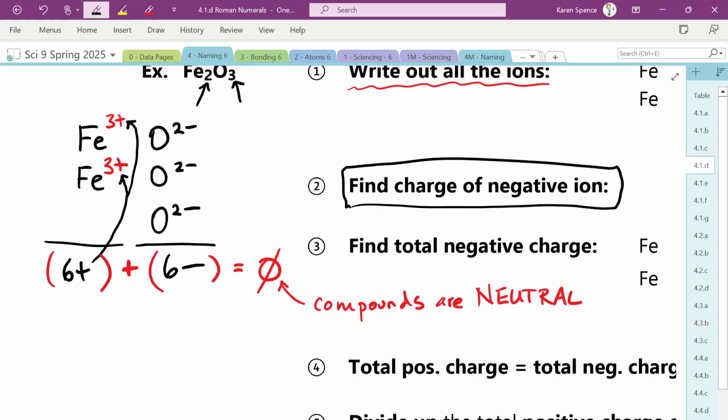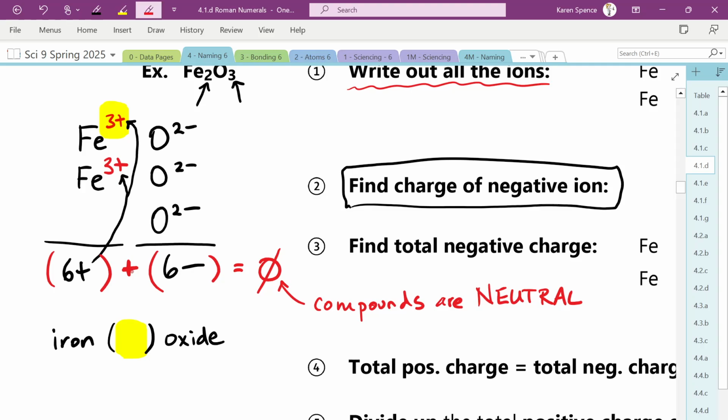So now when we go to name this, Fe is iron. We're going to leave a space with some brackets there. And then we have oxygen, which becomes oxide. Okay, so oxygen becomes oxide. And what we do is we take our charge and we put it right there.